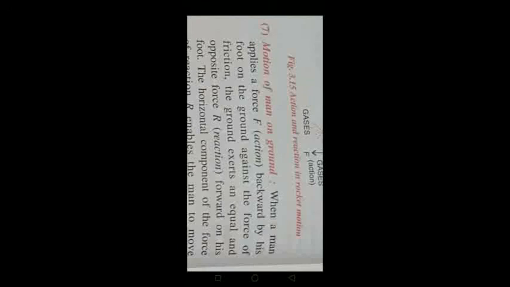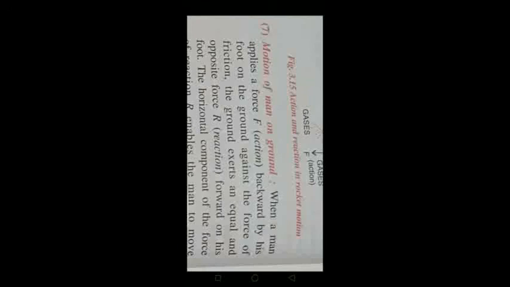So the force on the rocket given by the earth is the reaction, and the force on the gases, this is the action. It is giving this force on the earth's atmosphere. So the atmosphere is giving back the reaction force, with the help of which the rocket goes up in the space.